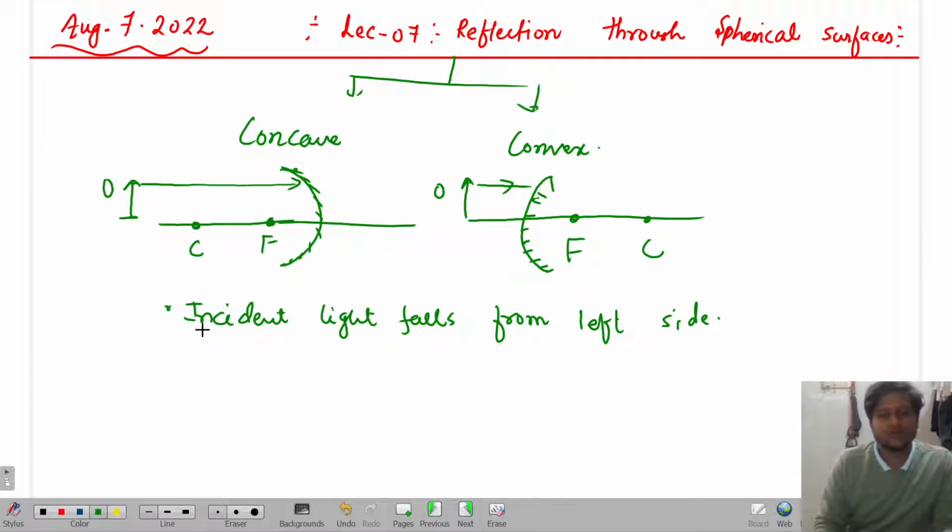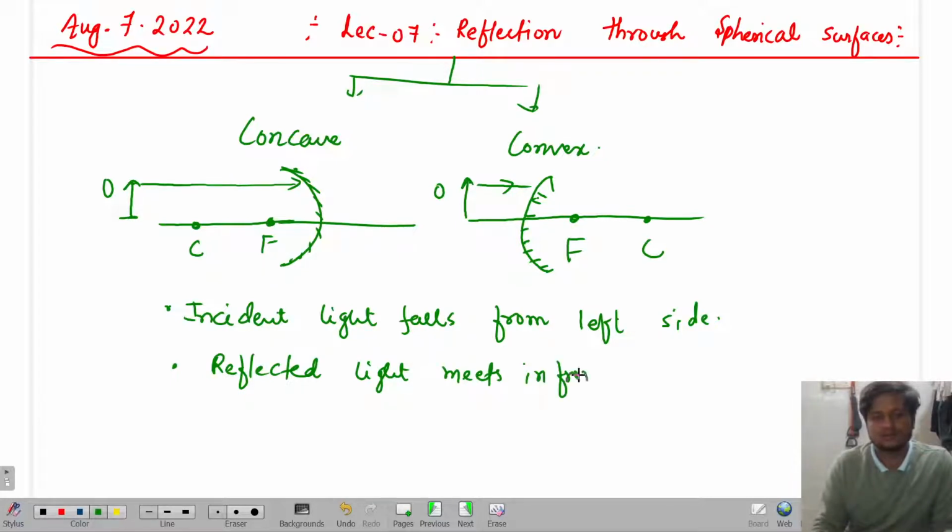I have talked about real and virtual images. Real images, when reflected light meets in front of the mirror, it gives you real images.